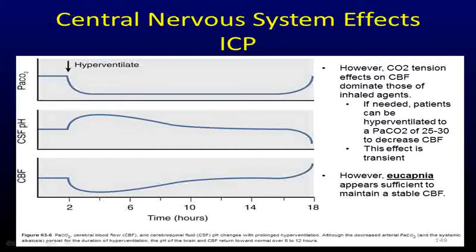And then if I go from 20 and all of a sudden make your CO2 40, that's not a good thing to do acutely. All right? That's not a good thing to do acutely.